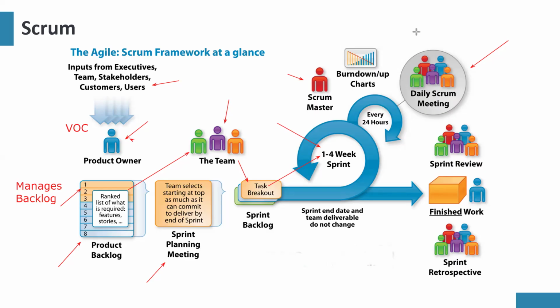During the daily scrum, we can also update what we call the burn down chart, burn down or burn up chart, which gives us an idea of what has been done so far.